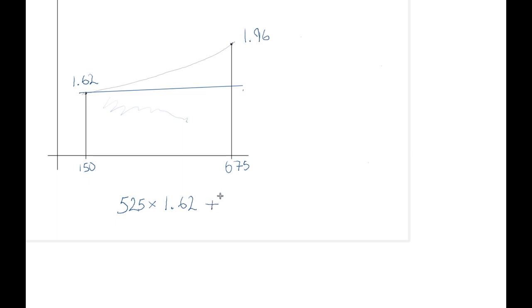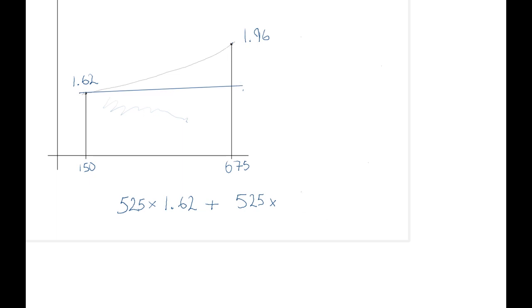plus this triangle. So that's 525 again, the base, times, I seem to have gone back into blue, but never mind. And it's the difference from there to there divided by 2.